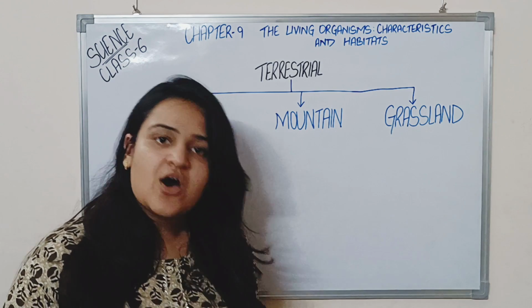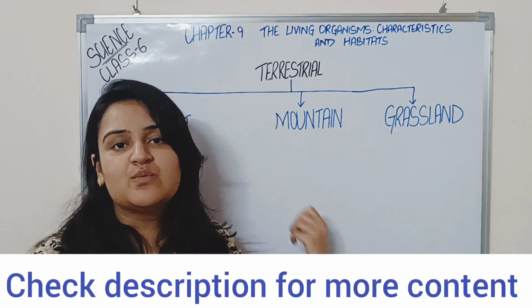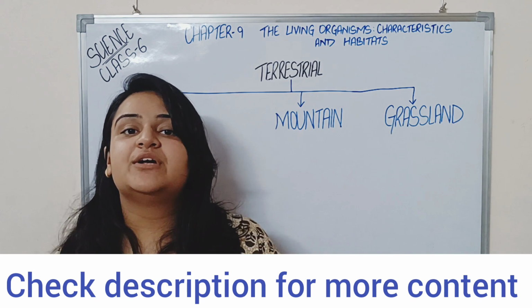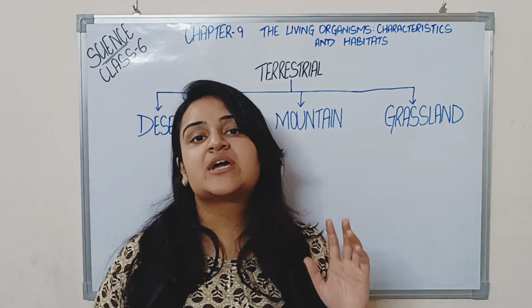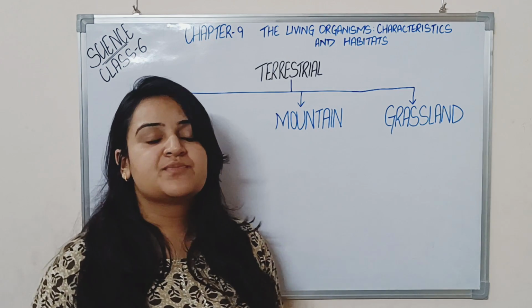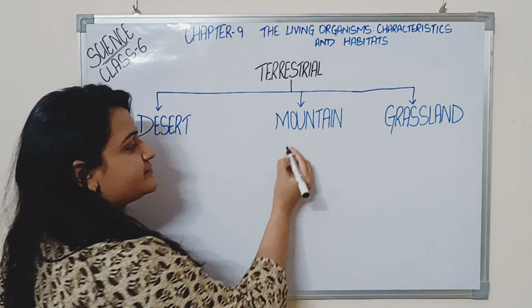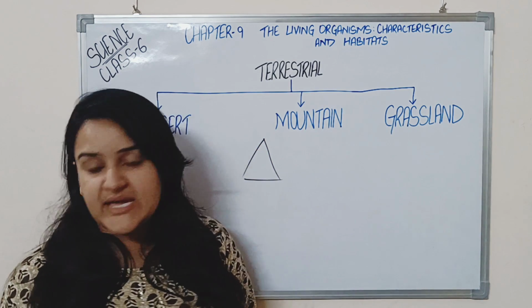So the plants or the animals that have mountains as their habitats are adapted to survive in extreme cold conditions, right? So firstly, how do trees survive it? You see, the trees in mountains have this type of shape, cone shaped. Why is this?